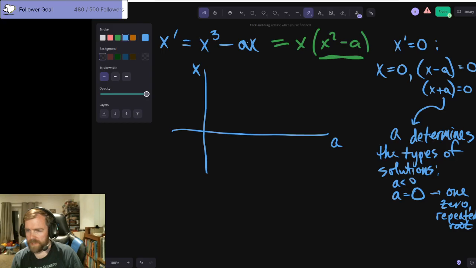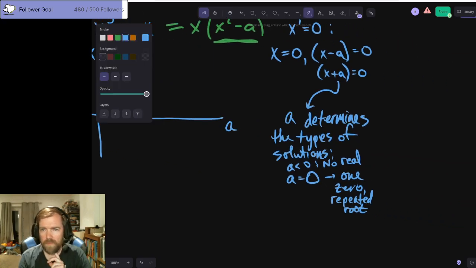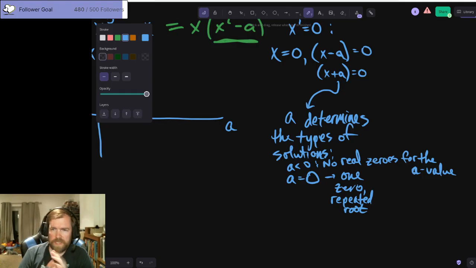If a is less than 0, we have no real zeros for the second factor.